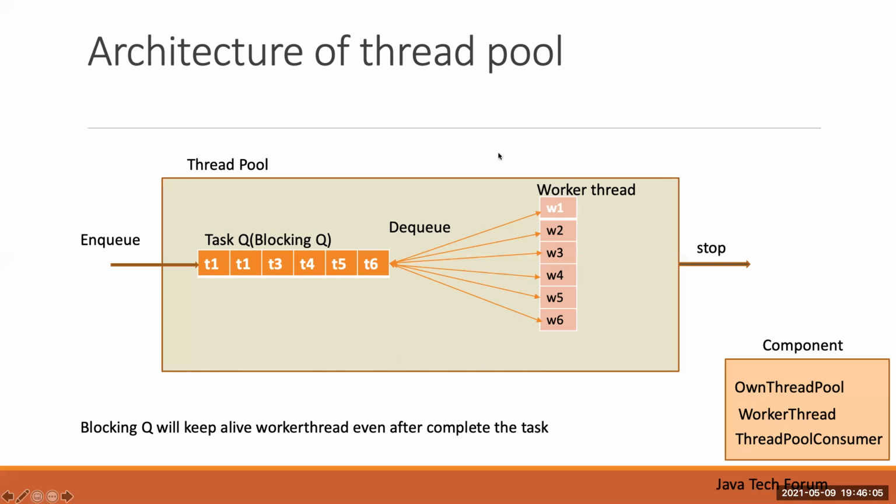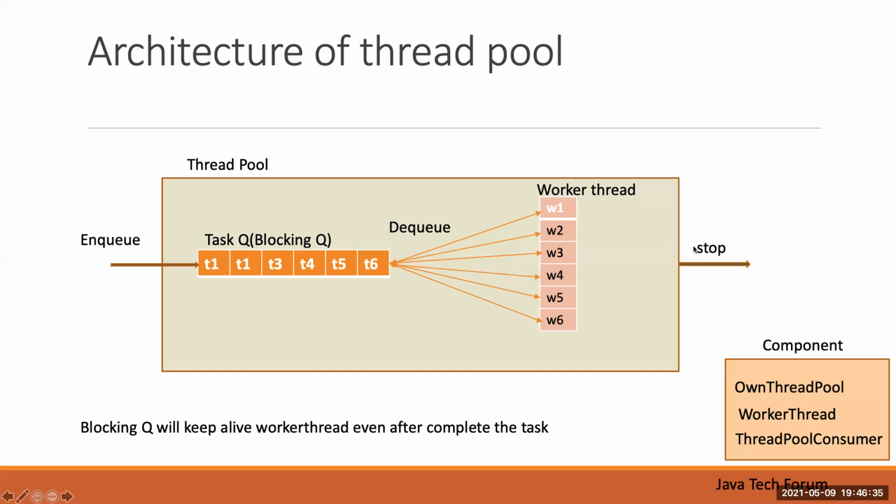So for the thread pool, the basic things will be, first we need to submit the task. Submitting the task is nothing but enqueue. First, the thread pool should give an option to create the thread pool, and the next one is it should take the job, it should take those runnables.